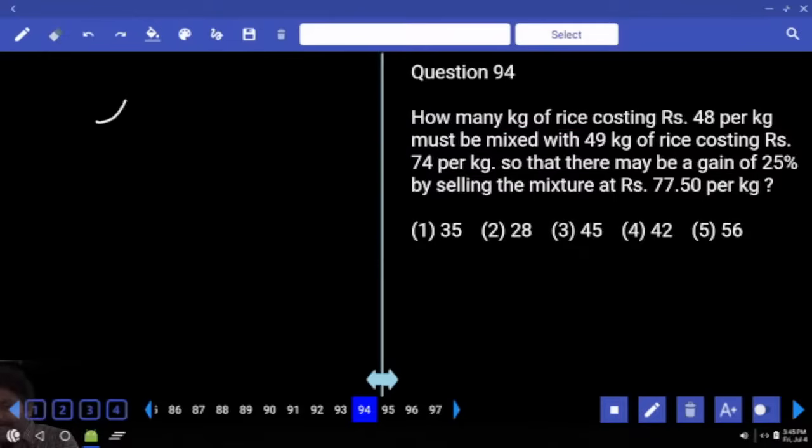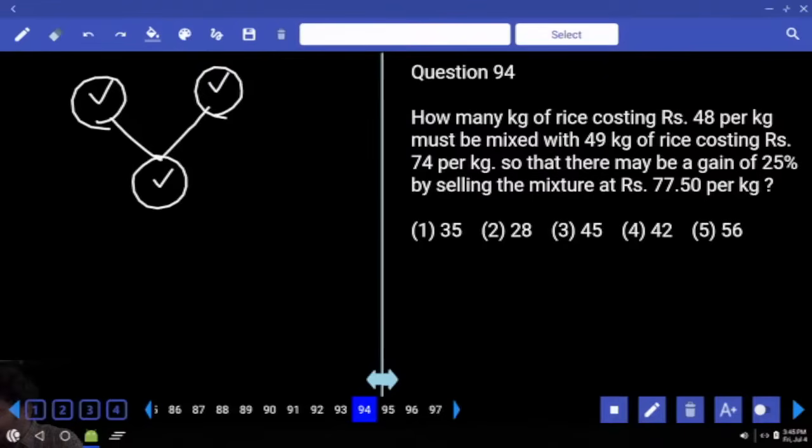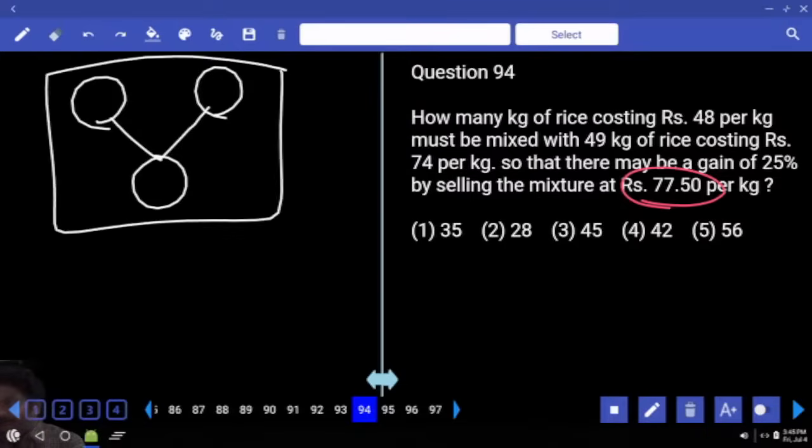So when you use alligation and want to calculate quantity, you should mention the price of those 3 quantities. Price of the first variety, how much is this? Second variety 70. Mixture 77.5.